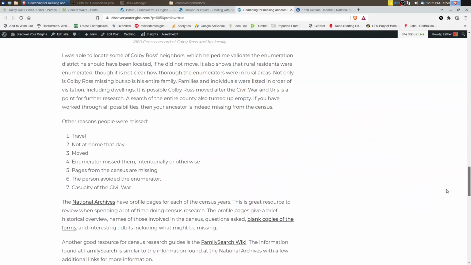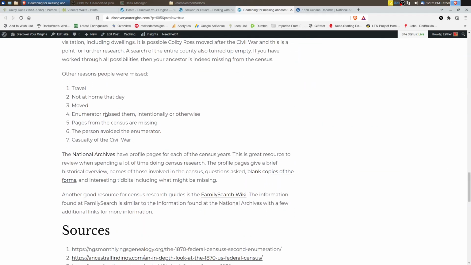Some reasons that people might have been missed is they were traveling that day or not at home. They moved. The enumerator missed them intentionally or otherwise. There are instances in which pages of the census are missing. They were not filmed or otherwise digitized, and there are ways to check for that by going directly to the National Archives.